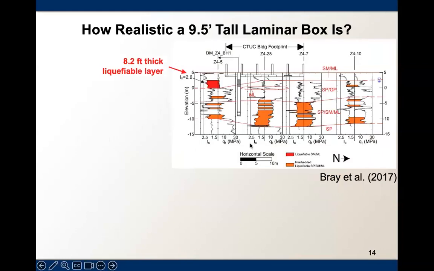So one may question, how realistic that tall laminar soil box is. This is an example from Christchurch earthquake that one building suffered significant liquefaction-induced damage, and it was well studied, well characterized using in-situ testings, and field observations followed by in-situ testing suggested a 8-foot thick liquefiable layer toward one corner of building, causing damage.